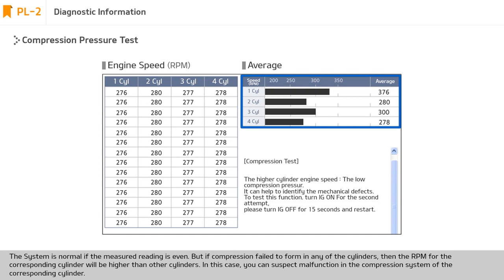But if compression failed to form in any of the cylinders, then the RPM for the corresponding cylinder will be higher than the other cylinders. In this case, you can suspect malfunction in the compression system of the corresponding cylinder.